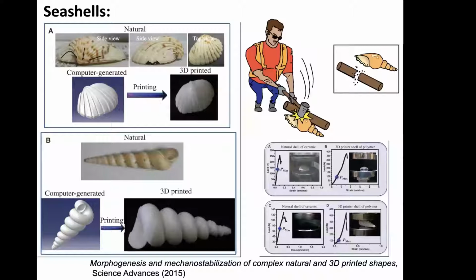One of my collaborators tried to understand the role of these spiral structures, because seashells found much below sea level, under very high pressure, mostly form these spiral shells. They are almost all made of calcium carbonate, or calcium carbonate and polymer, or protein-assisted structures. So the material is almost the same, but the shape is what matters.